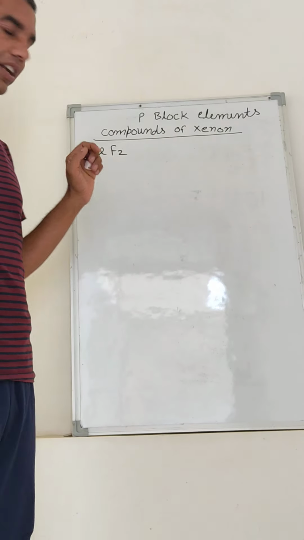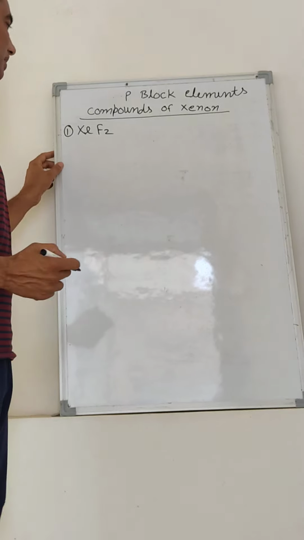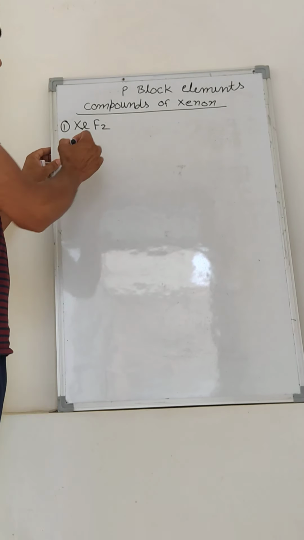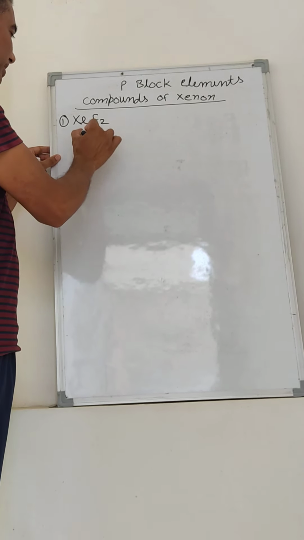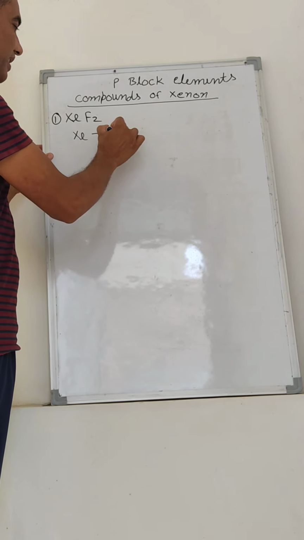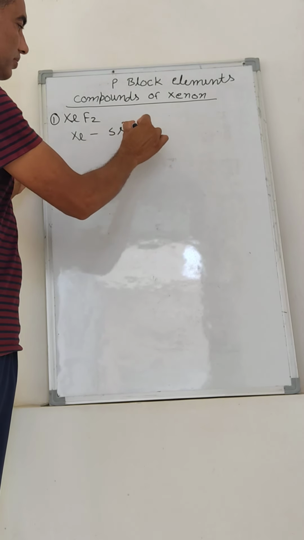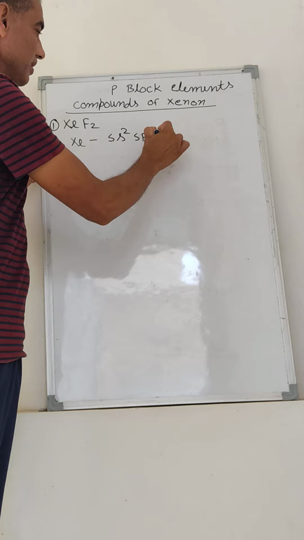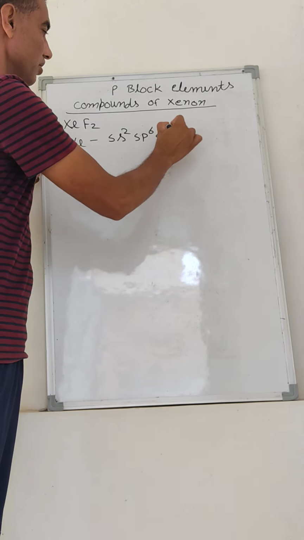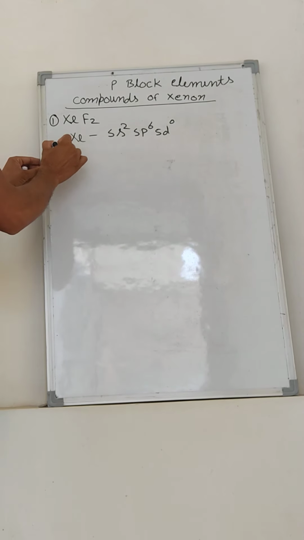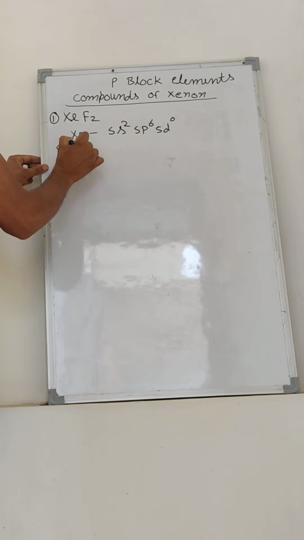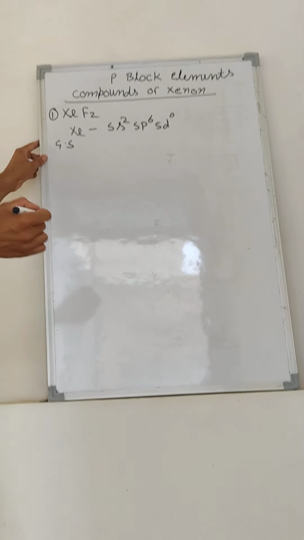Xenon difluoride. In this compound, the central atom is xenon, and its valence shell electron configuration is 5s2, 5p6, 5d0. This is the ground state electronic configuration of xenon.